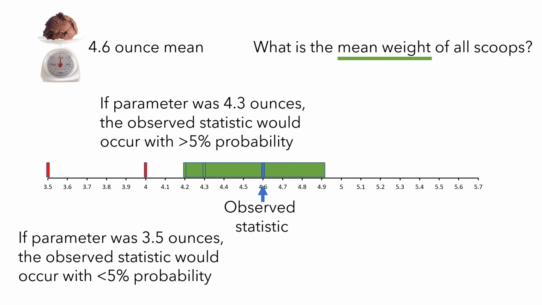So if we went 4/10 above 4.6, all of these parameter values should also produce the observed statistic with greater than 5% probability. So overall, if the parameter was any value between 4.2 and 5.0 ounces, then the observed statistic would occur with greater than 5% probability.